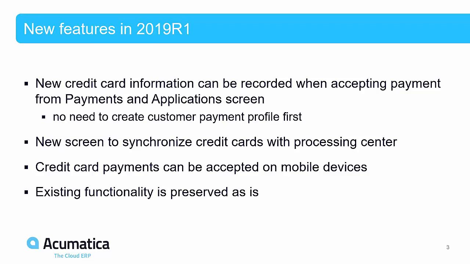Also, credit card payments can now be accepted on mobile devices. It's just the first step of implementation, and I will show it to you. Everything is backward compatible, and all existing functionality that was in the previous version is preserved as is. So let me show you how it works.